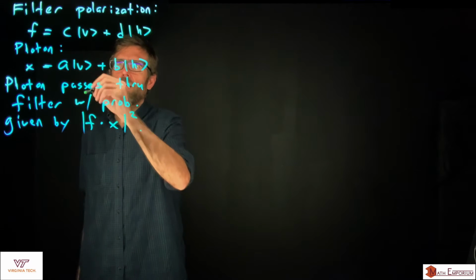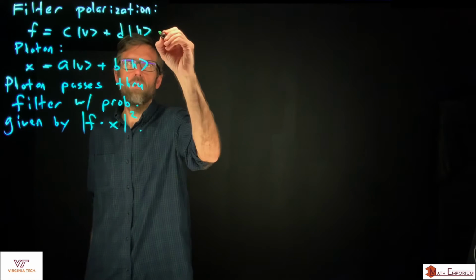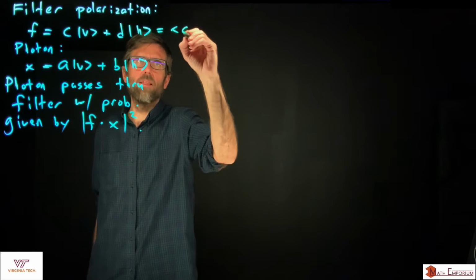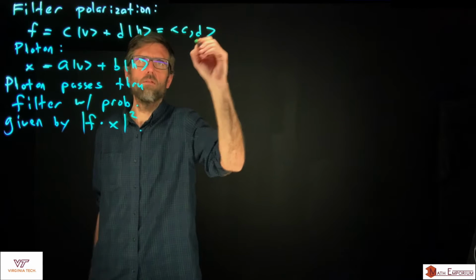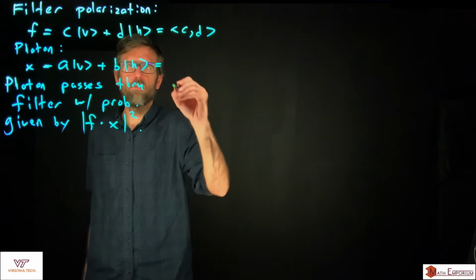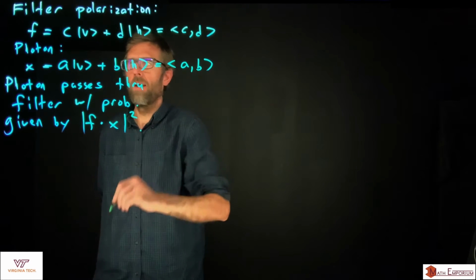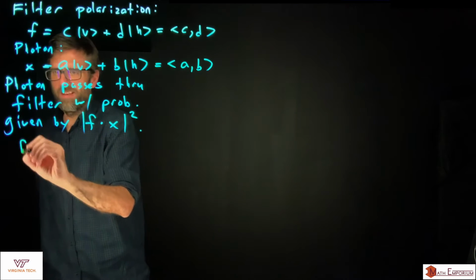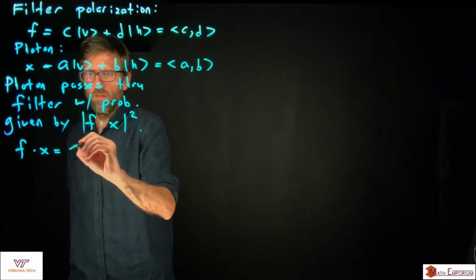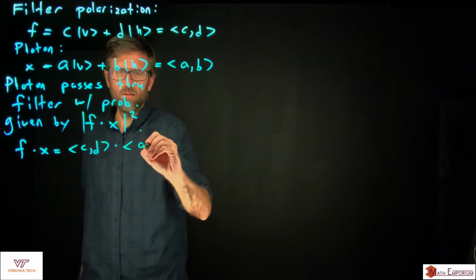All right. And again, remember these are written as linear combinations of these basis vectors, but I can also really just write them as vectors if I want. So this could be the vector CD in two-dimensional complex space. This could be the vector AB. And then the dot product of f with x would be this dot product.